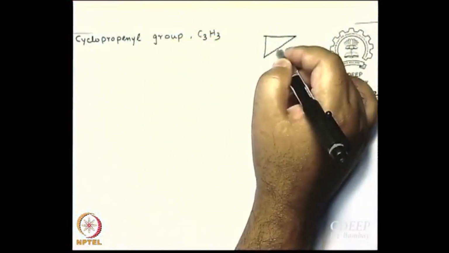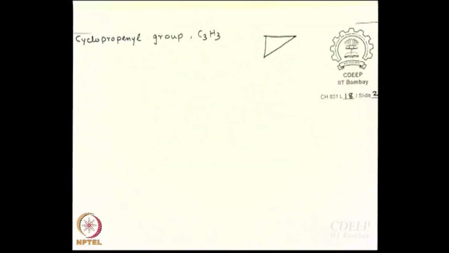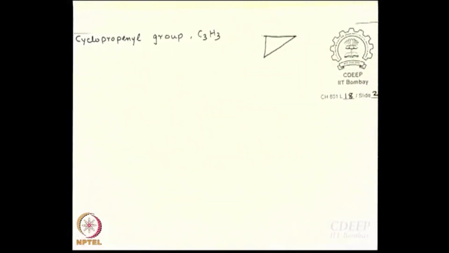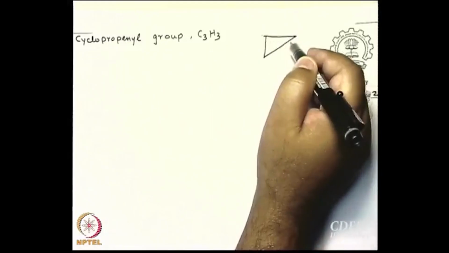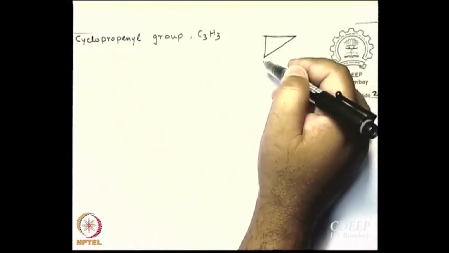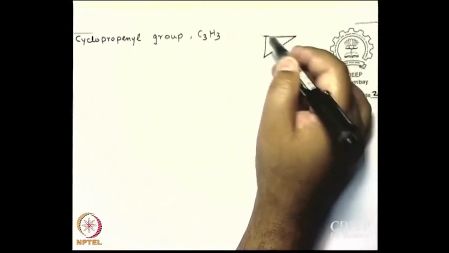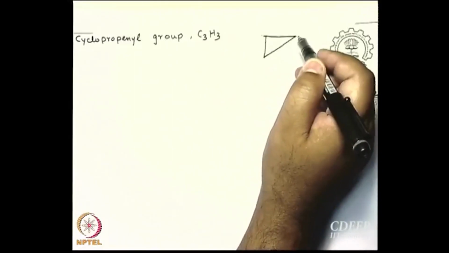Triangle. Right? Carbon, carbon, carbon. So, if you insist on drawing your comfortable valence bond theory picture, then you are going to draw a double bond somewhere, and then you are going to write a plus sign somewhere, because it is CH, CH, CH, right? So, if you draw a double bond, then these two CH groups are happy.